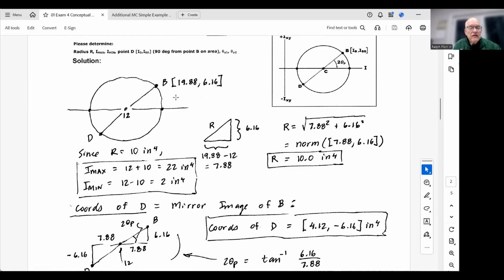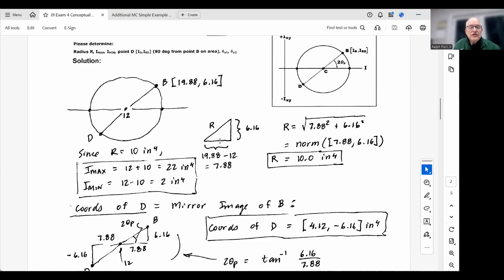This is 12, and so the radius is, oh, I'm sorry, they didn't give you the radius, but they give you the center, and they give you 19.88 and 6.16. So this vertical is 6.16. The base of this triangle, which is your Ix minus Iy divided by 2, is 19.88 minus 12, which is 7.88.